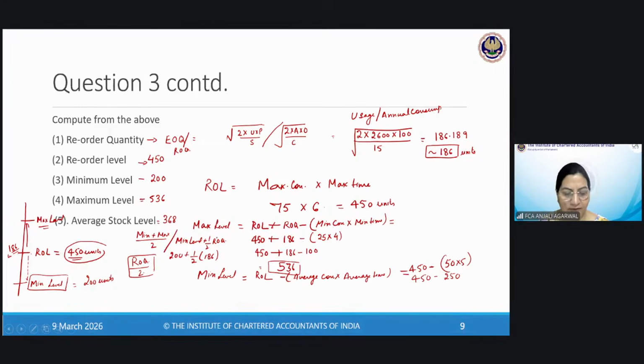So 200 plus 186 divided by 2, in that case you get an answer as 293. So you will not get the same answers. You will get different answers when you use different formulas.